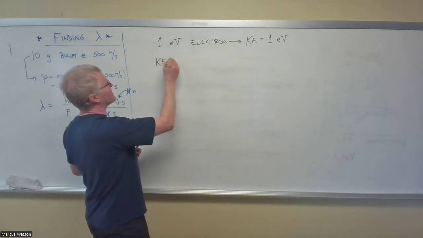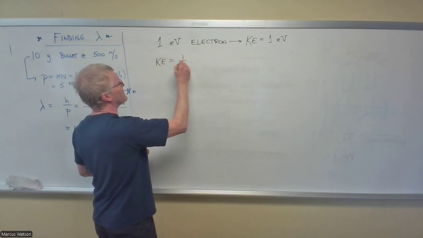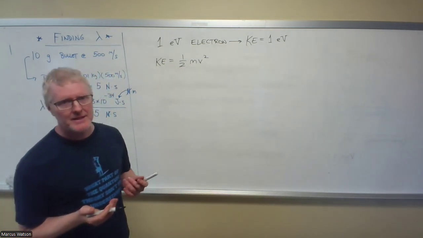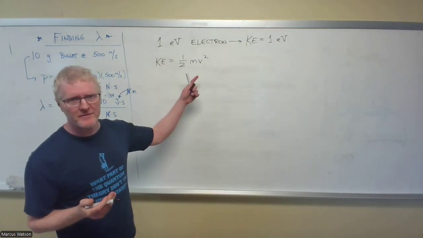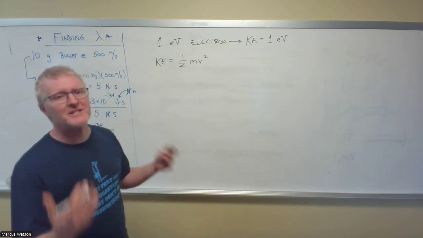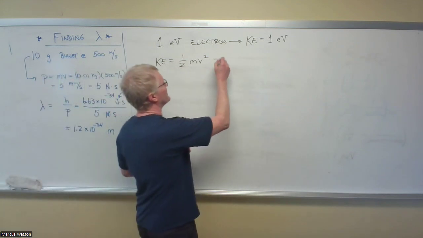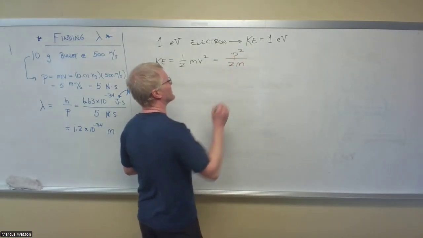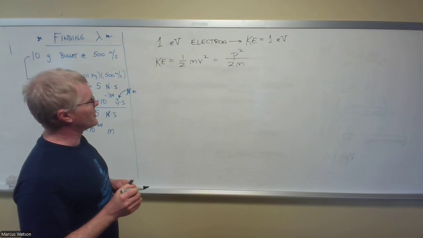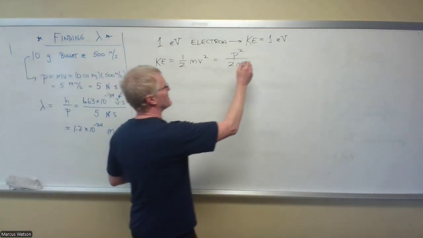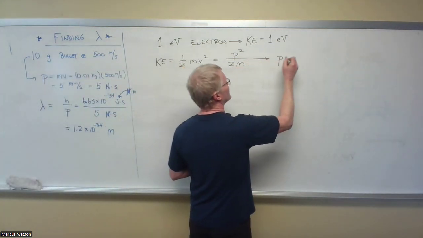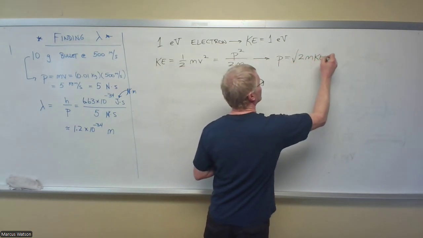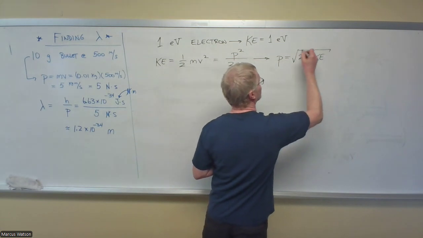I'm going to say that the kinetic energy is equal to 1/2 mv squared. But really, we don't need either the kinetic energy or the v or the m. What we need is the momentum. And kinetic energy, you probably know, can be written in terms of momentum as p squared over 2m. So, since I want the momentum, a useful thing to do here is to write the momentum as the square root of 2 times m times the kinetic energy.